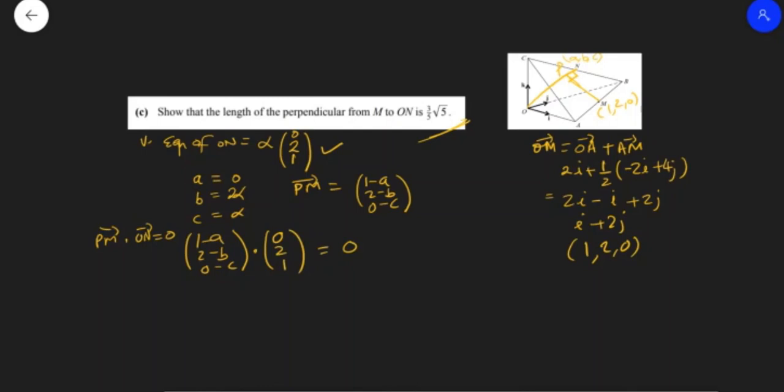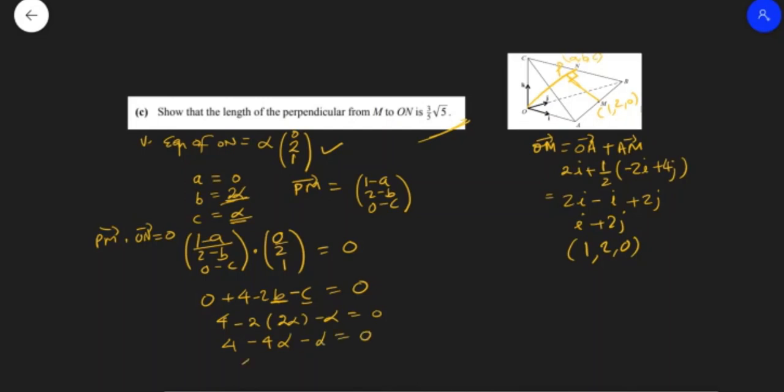And now let's multiply 1 minus A to 0, it is 0. 2 minus B times 2 will be 4 minus 2B, and 0 minus C times 1 will be minus C, equal to 0. Now let's substitute B and C with their values in the parametric equation here. So we'll write 4 minus 2 times B, which is 2 alpha, minus C, which is alpha, equal to 0. 4 minus 4 alpha minus alpha equal to 0.